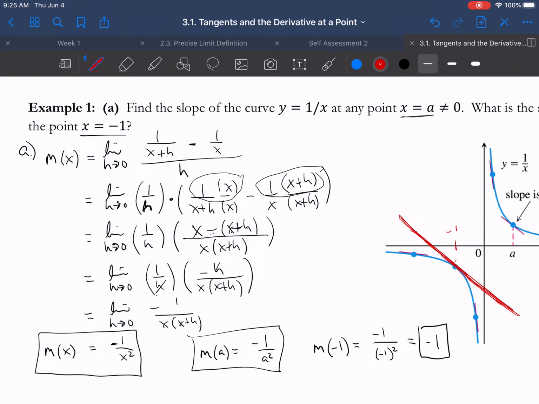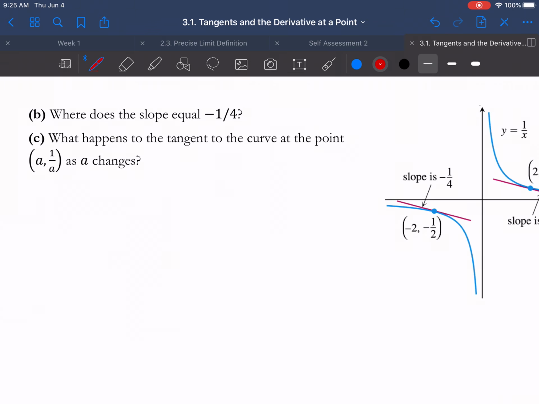So then let's take a look here. And the next part asks us, where does the slope equal negative 1/4? Remember, our equation m of x was negative 1 over x squared, like that. And so for part B, it says, when do we get that slope?